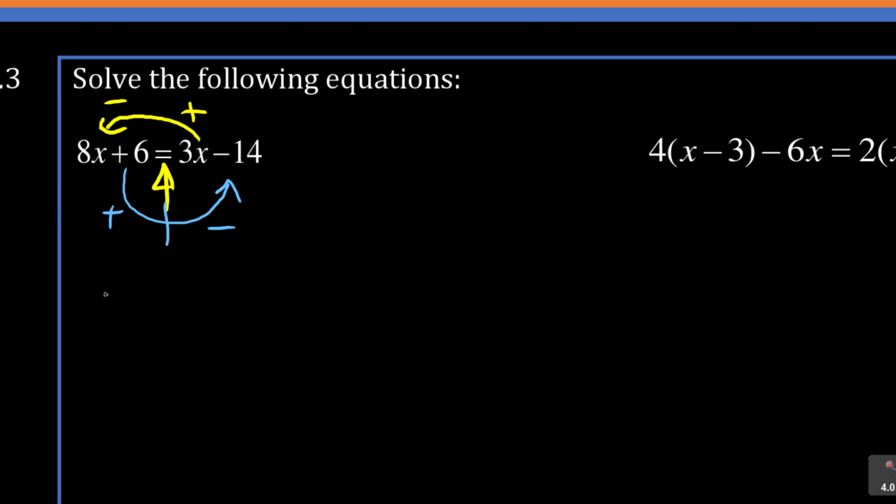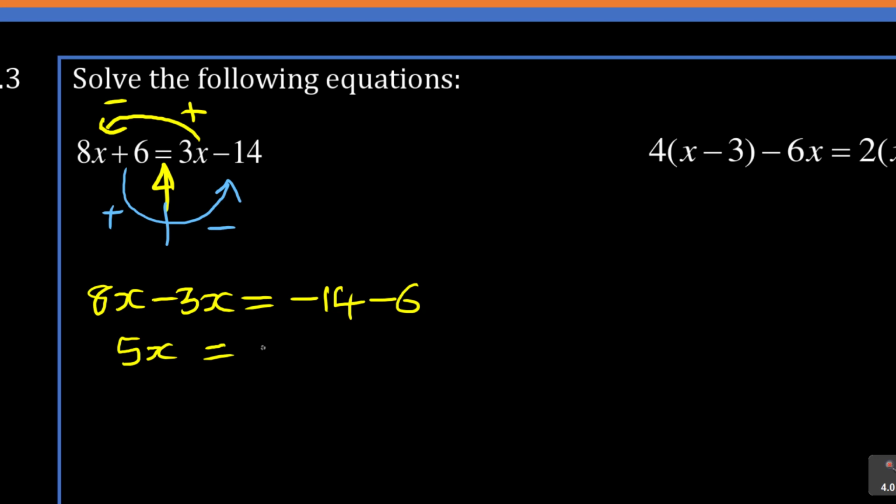So what you have here is 8x minus 3x is equal to, now 14 is already negative, so it's minus 14, but 6 was positive, it becomes minus 6. Now 8 minus 3 is 5x, which is equal to minus 14 minus 6. I think you'll get negative 20 there.